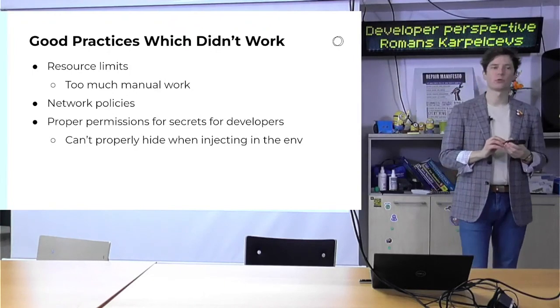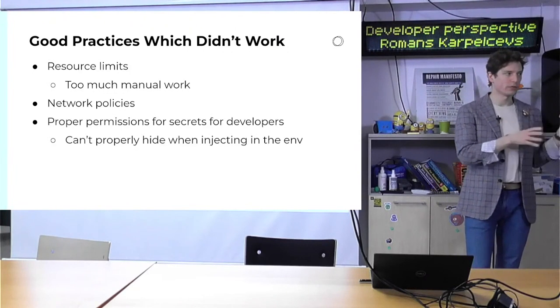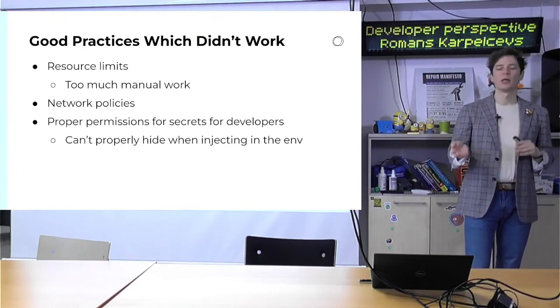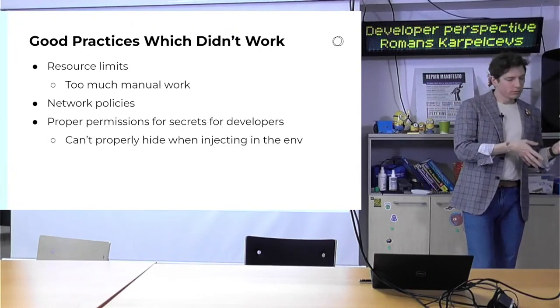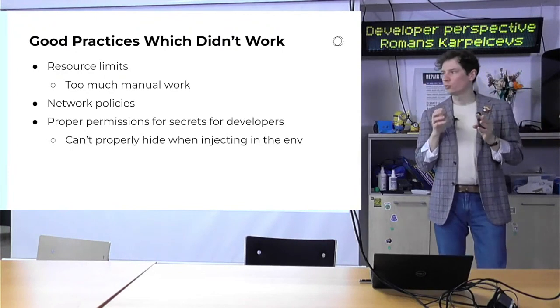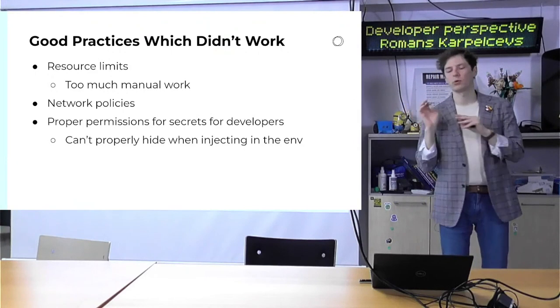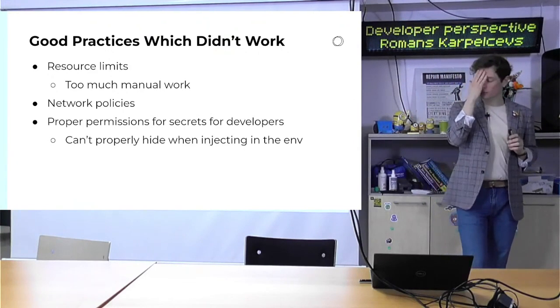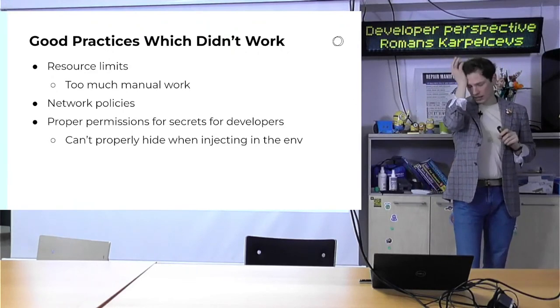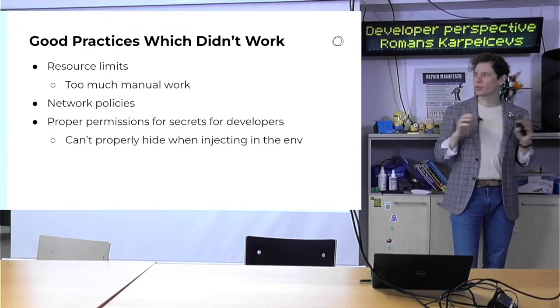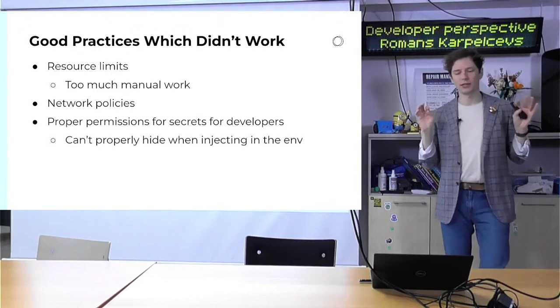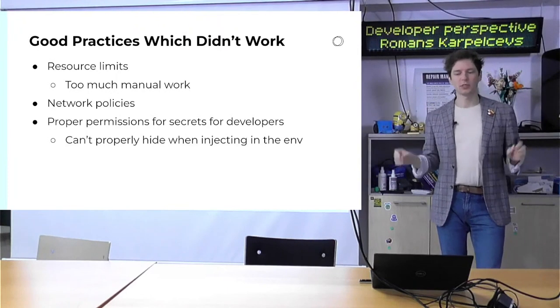I was really keen to set up limits for every service that we had, looking at historical usage, to be sure that a bug in a service is not overloading our workers and so on. But in the end, I gave up. I set up everything manually everywhere, and I had resource requests and resource limits.